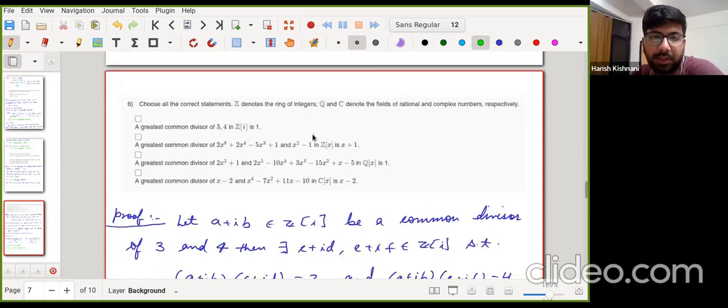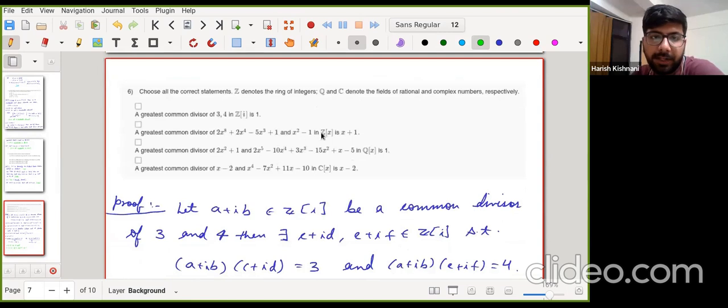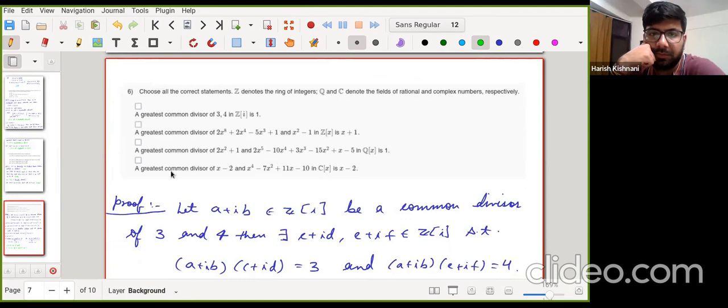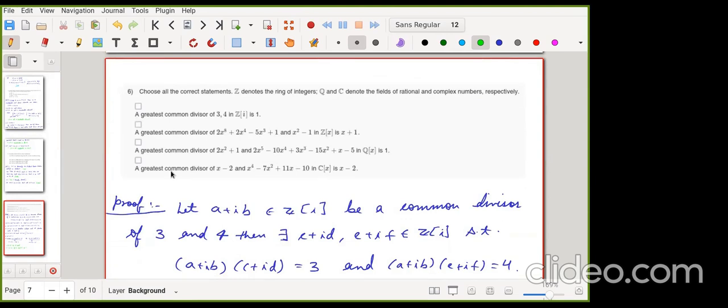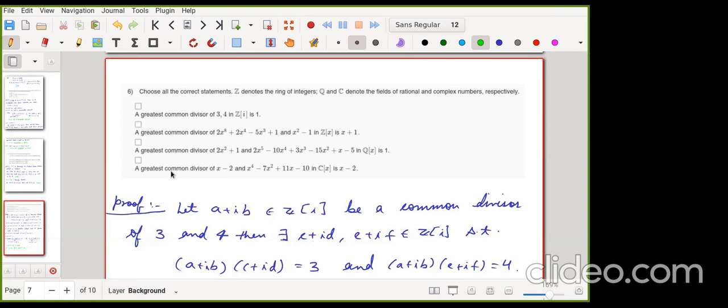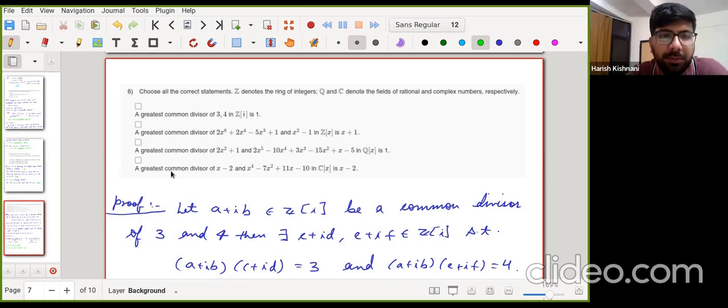Now what about the second question? For both polynomials, the sum of the coefficients is equal to 0. Yes. Therefore, x plus 1 is a factor for both.